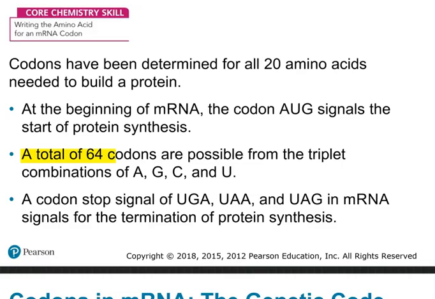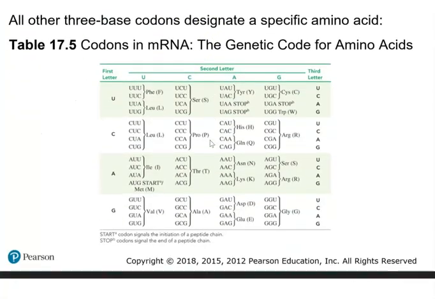We have a special word, start codon, to signal where the protein synthesis should start. And we have 3 words as stop codons to signal where the synthesis should, well, stop. Am I making sense? But even if we take those 4 codons out, we still have 60 more.